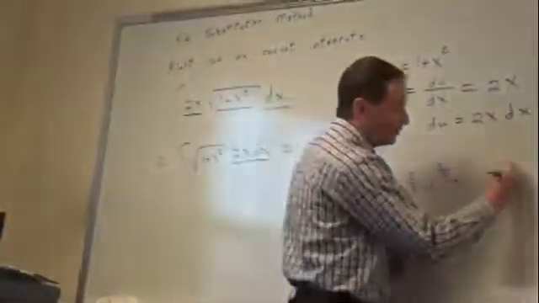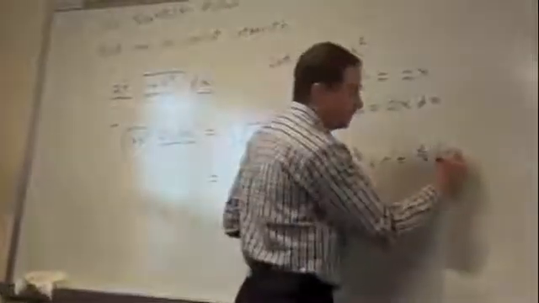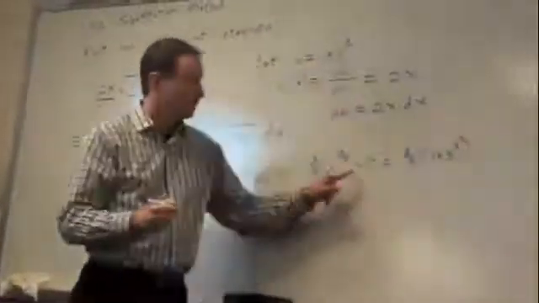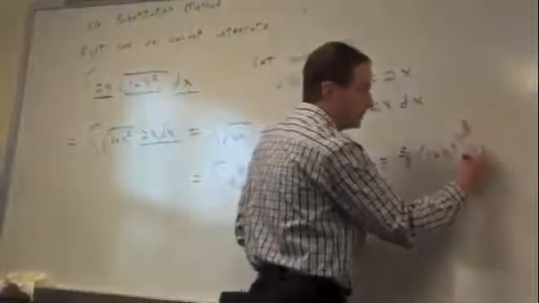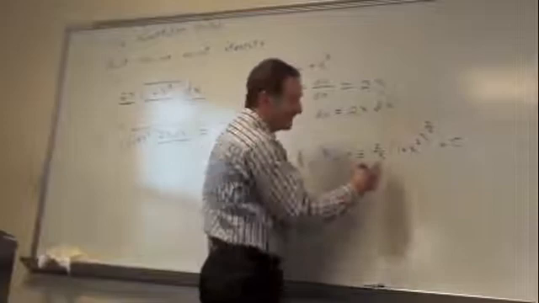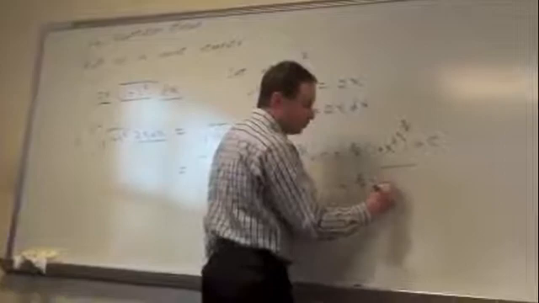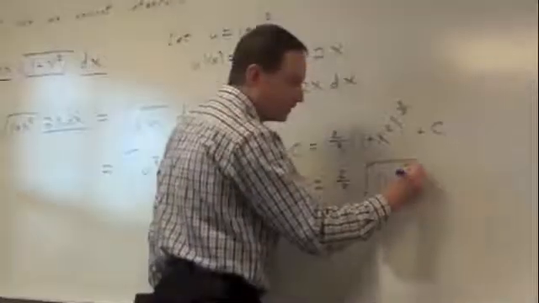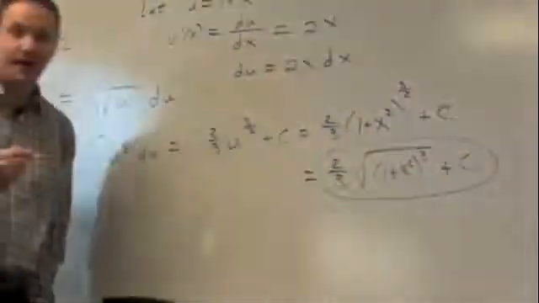I can say this is 2/3 times the group 1 plus x squared to the 3/2 power plus c. And then you're thinking, hopefully, but the original had radicals, so your final answer has to have radicals. Yes. So I'll say 2/3 times the square root of the group 1 plus x squared cubed plus c. Final answer.